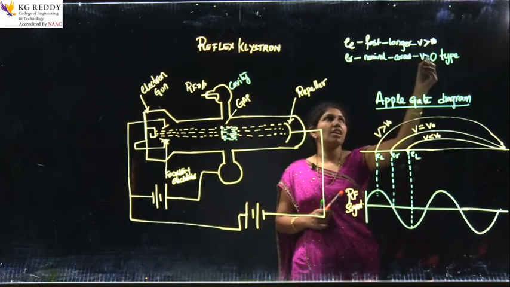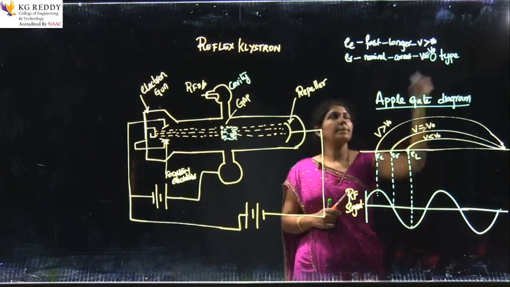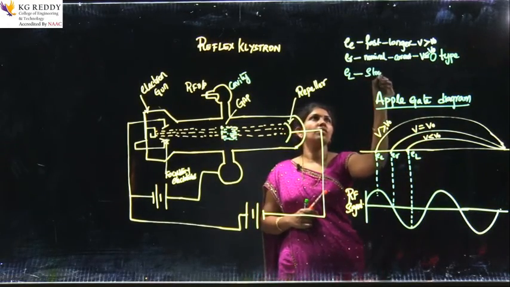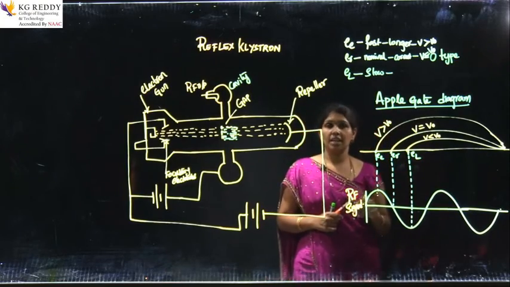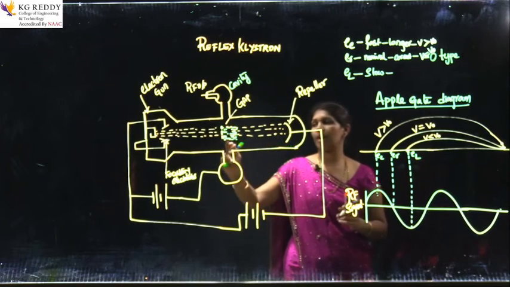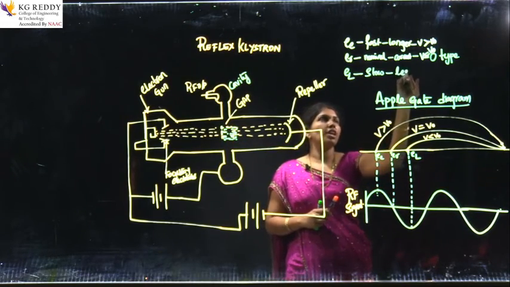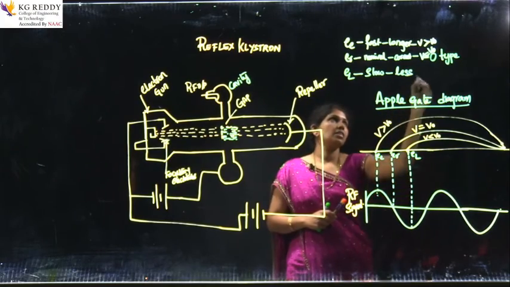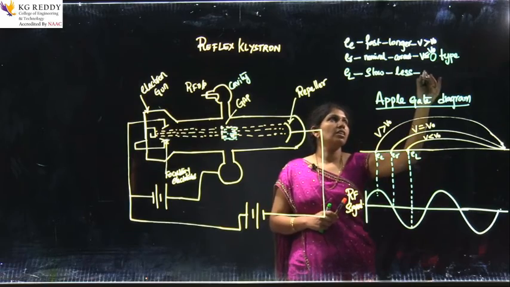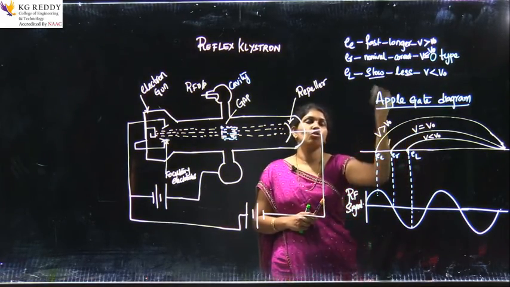It moves with velocity V equal to V naught. The late electron moves slow. It will not penetrate deep into the repeller space. It will just come till here and return back to the cavity. So, it moves a lesser distance compared to the early electron and reference electron. The velocity is V less than V naught, hence it moves slowly.